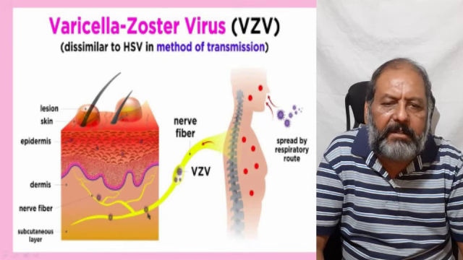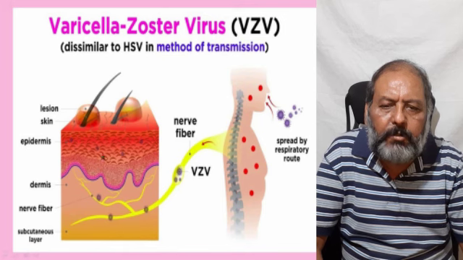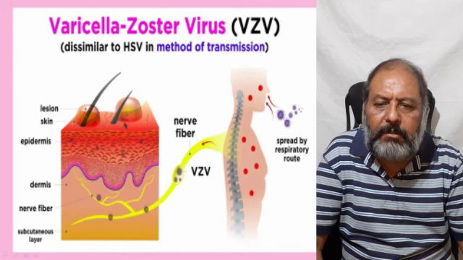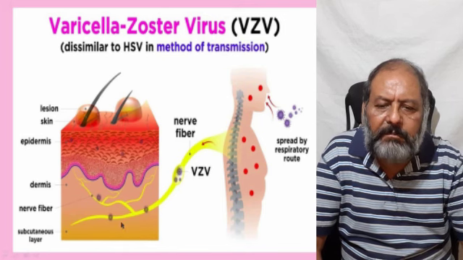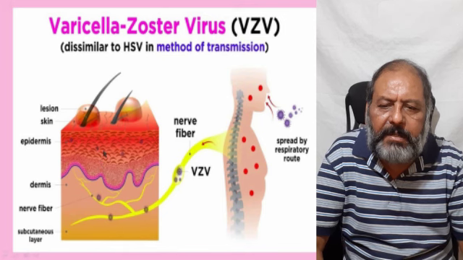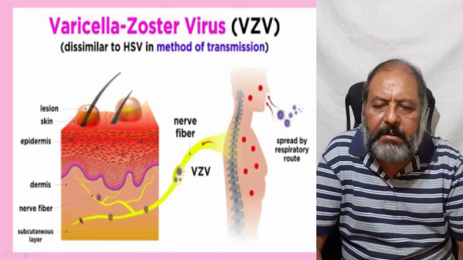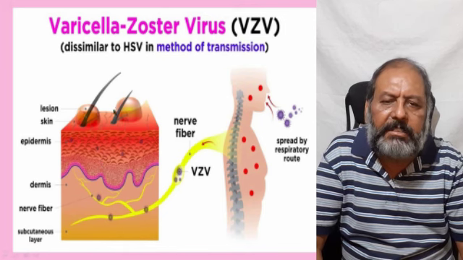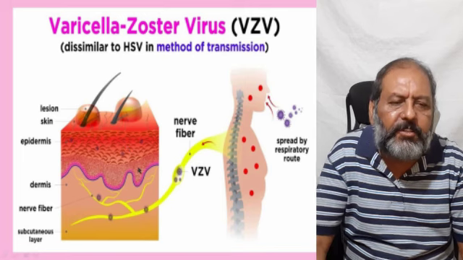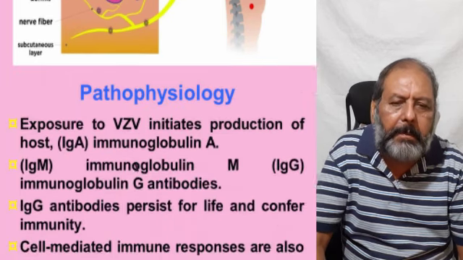From here they appear as lesions on the skin, and from the dermis this goes to the epidermis, and then it causes these blisters, which are the chickenpox blisters.